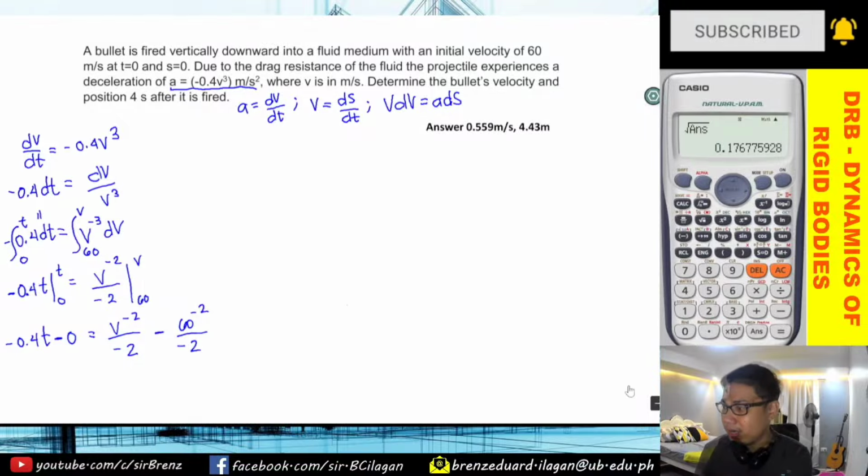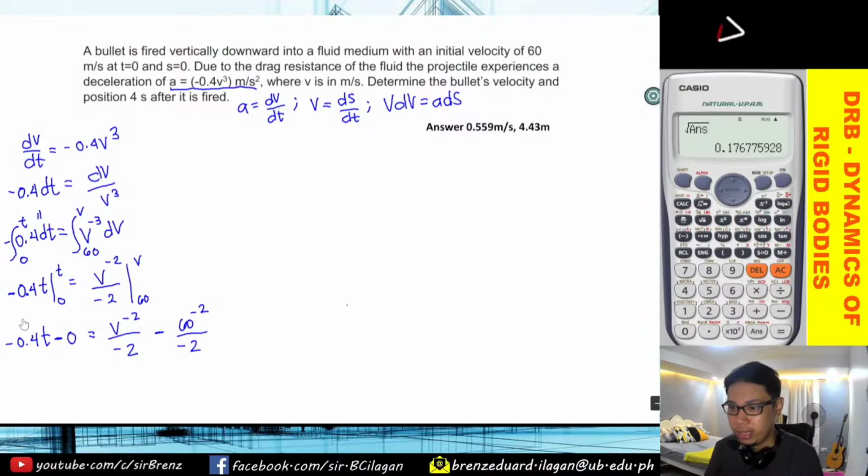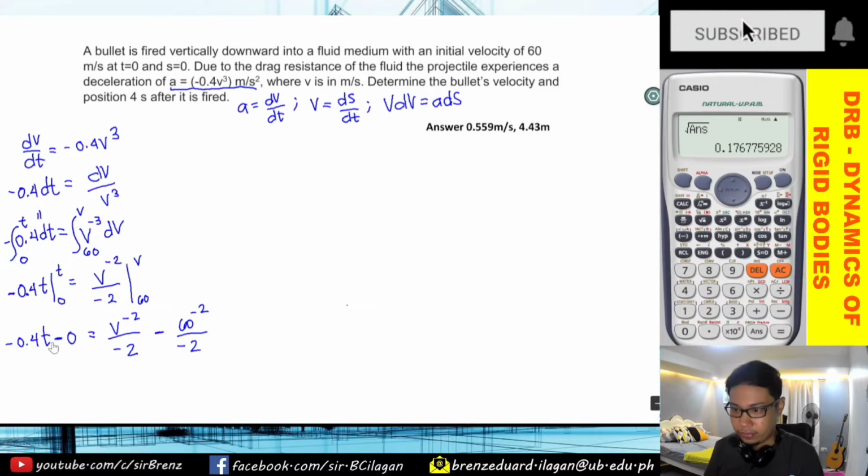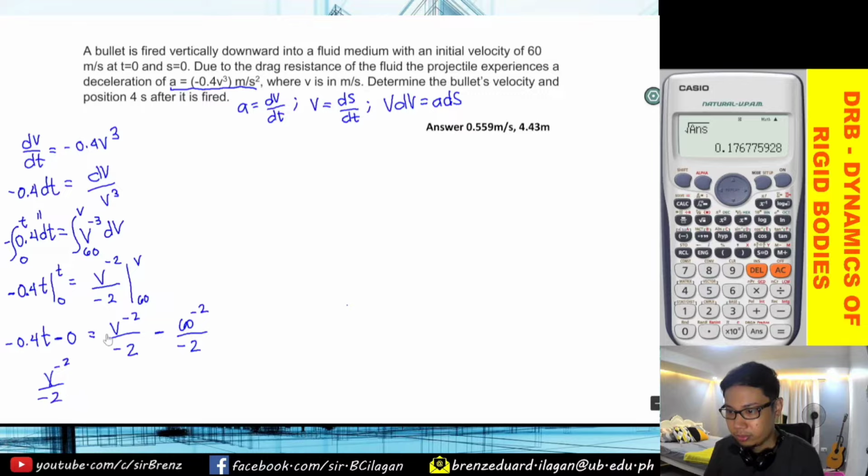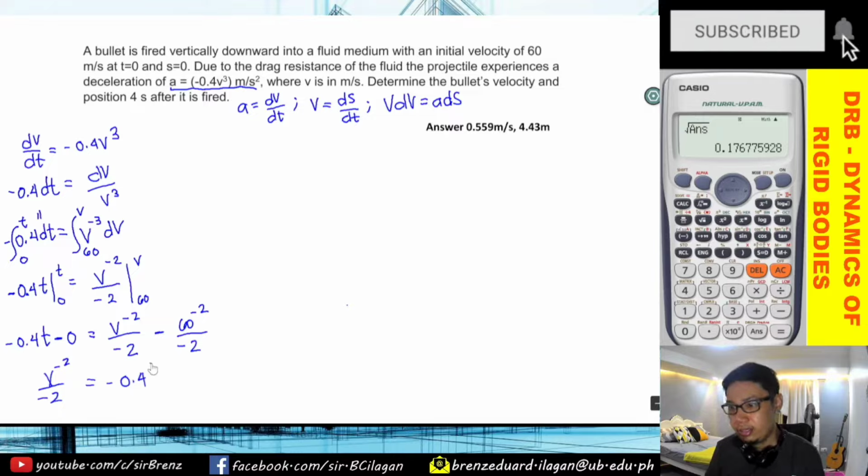I-simplify pa natin lalo siya. I-transpose natin itong part ng equation dito sa kabila. So, ito yung magiging equation niya: v raised to negative 2 all over negative 2 equals negative 0.4 t, pinagpalit ko lang ng position. Negative, negative, so magiging positive.